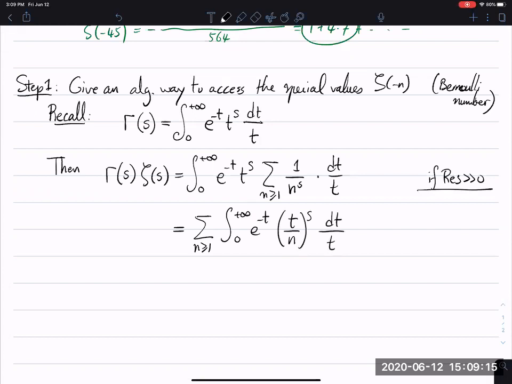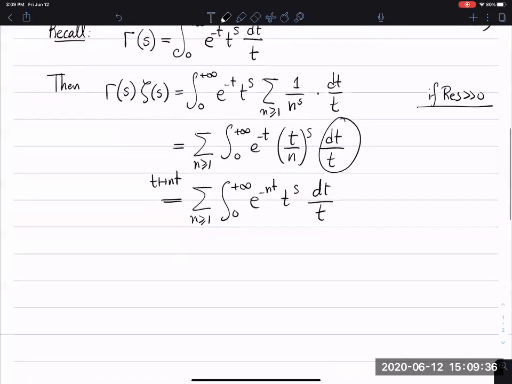So now clearly, I can change variable. t goes to nt. And this way, I get e to the negative nt and t to the s. The benefit of having this measure be dt over t is that when I change t to nt, this doesn't change. Somehow it's a little bit easier that way.